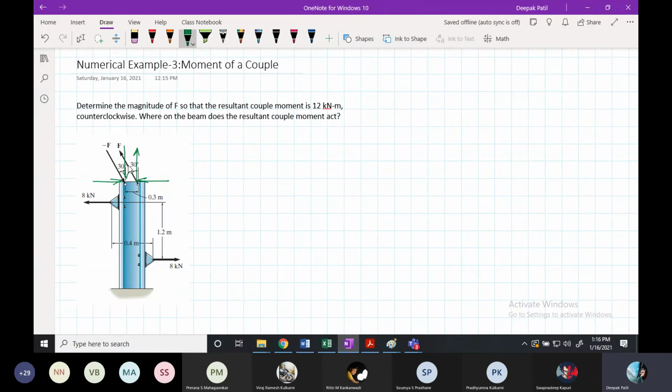The 30° is the angle made by each force with respect to vertical. So this will be F sine 30 and this will also be F sine 30, and this value will be F cos 30 and this value will also be F cos 30.